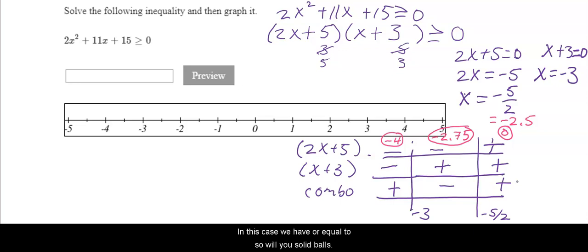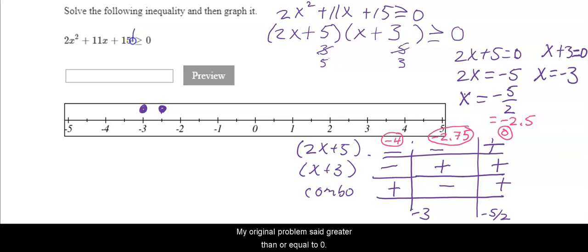In this case, we have or equal to, so we'll use solid balls. Without the solid line on the bottom of the inequality, you would leave the balls open or empty. I need a solid ball at negative 3 and another solid ball at negative 2.5, which is very close to that. Now I need to go which way?